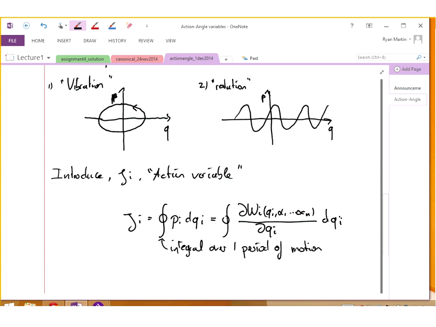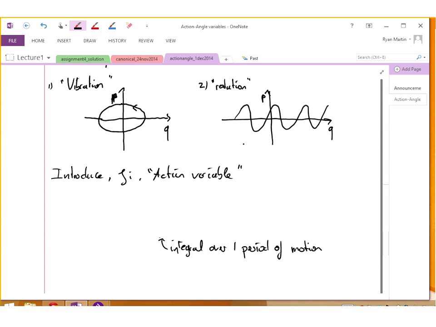So we don't know what these W functions are, but in principle, if you knew what they were, we could do this integral, and then from doing these integrals we can get the J_i as a function of all of the alphas. Right? The q will drop out because you're doing a ∂W by ∂q, and then you're integrating over q.